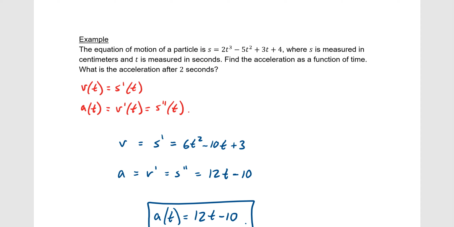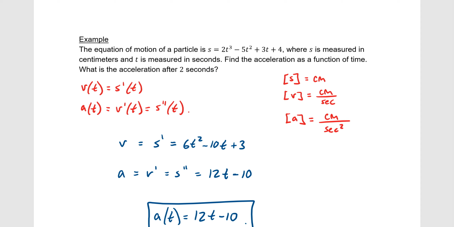So we start with the units of s. That's going to be centimeters. We take the derivative of that and get velocity. That's centimeters per second. We take the derivative again, get acceleration. That's going to be centimeters per second times another second. We obviously don't write that. We write seconds squared.